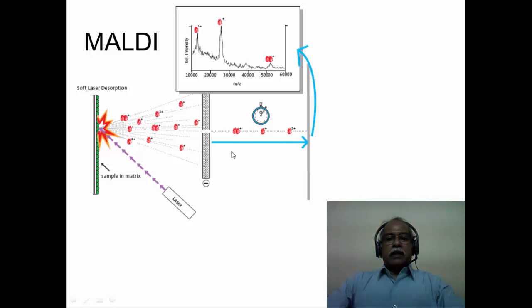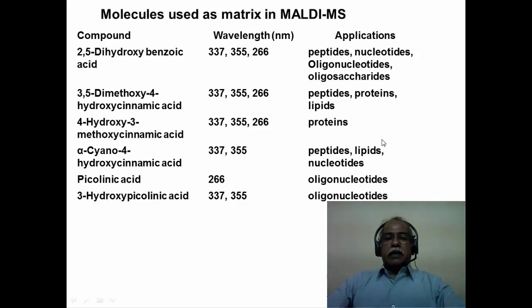As a result, they enter the time of flight analyzer. In the time of flight analyzer, the basic principle is that the smaller the ion, the faster it moves, and the larger the ion, the slower it moves. So the ions get separated in a field-free drift zone in the time of flight analyzer, and one by one the ions get detected in the mass spectrometer.